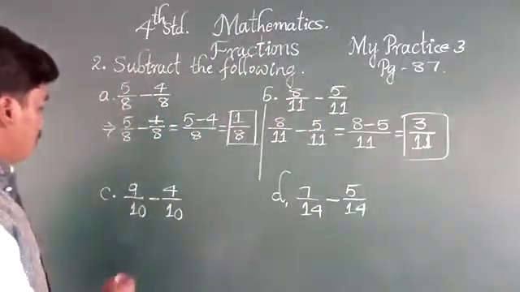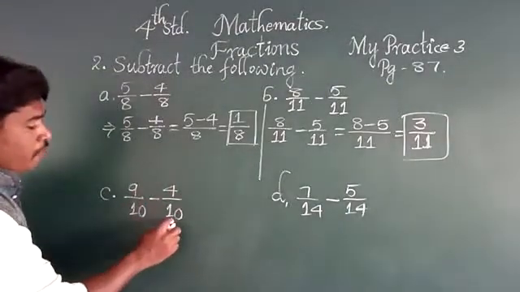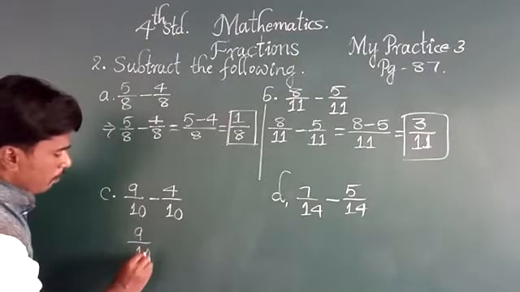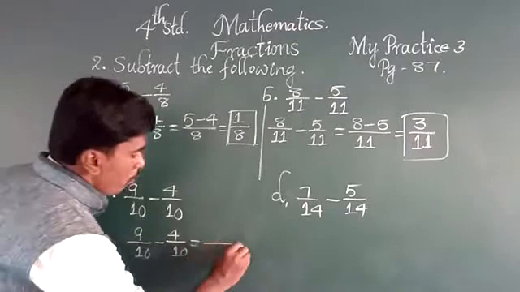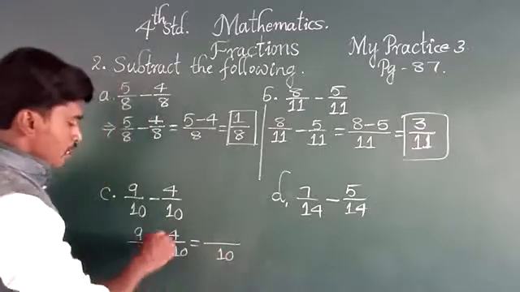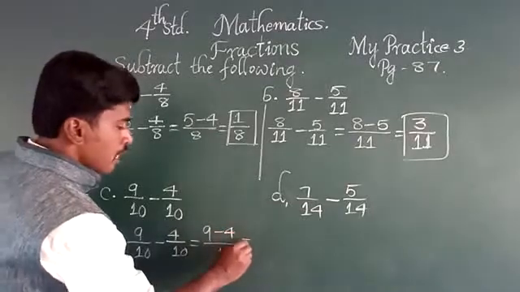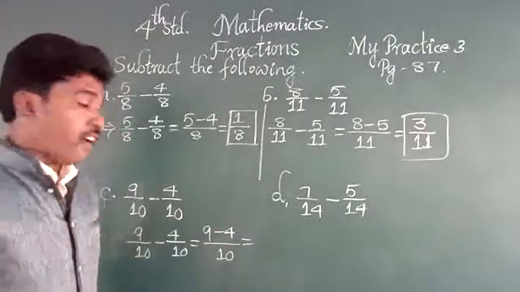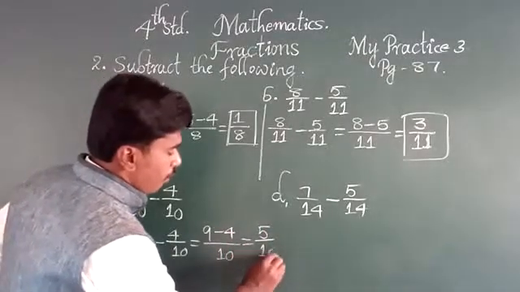Now we come to the third one. It is 9 by 10 minus 4 by 10. So take out the common denominator, it is 10. Subtract the numerators. 9 minus 4 is 5. 5 by 10.